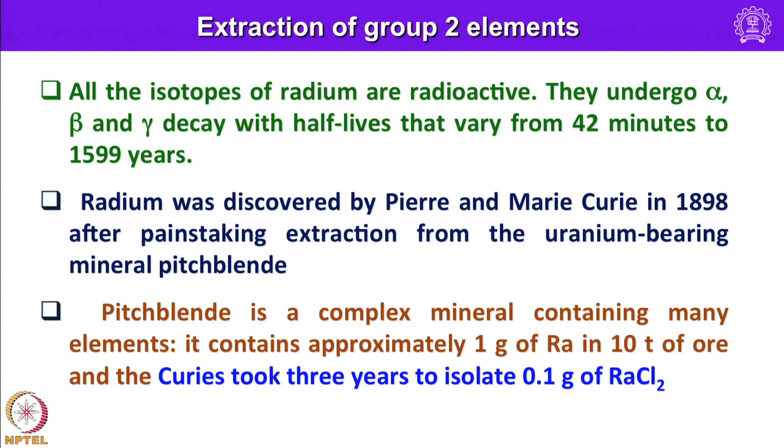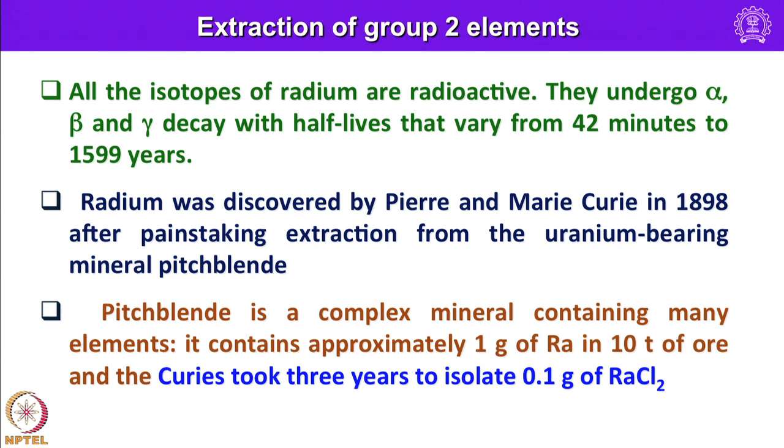They undergo alpha, beta and gamma decay with half lives that vary anywhere between 42 minutes to 1599 years for some of their radioactive isotopes, and radium was discovered by Pierre Curie and Marie Curie in 1898 after painstaking extraction from the uranium ore pitchblende. And in fact, pitchblende is a complex mineral containing many elements.